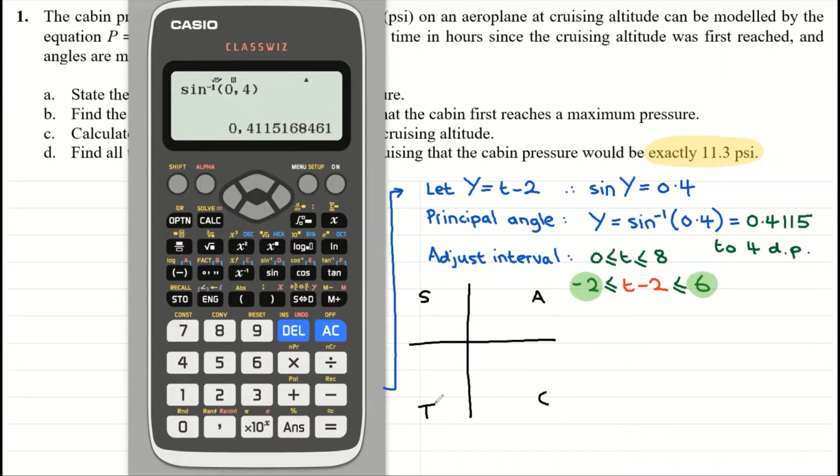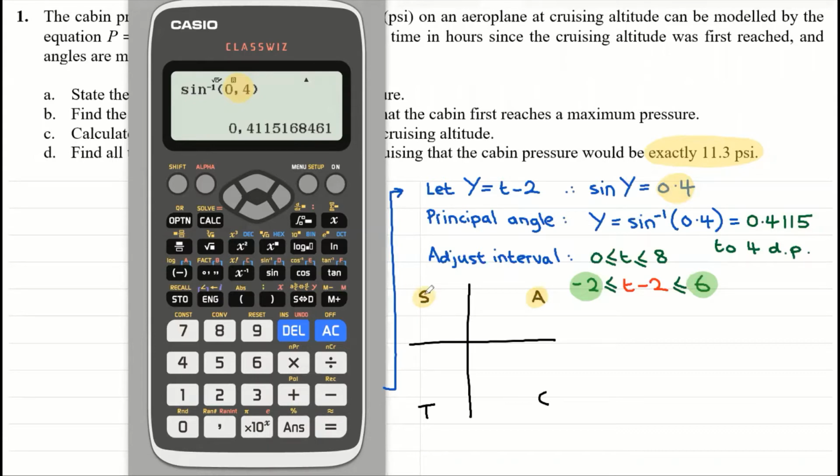It has to be acute because we did this on the calculator, and the calculator, if you're putting in a positive number, will return an acute angle. Remember, all the trig functions are positive in that first quadrant, and they're all acute. Because 0.4 is a positive number, we use the two positive quadrants for sine.